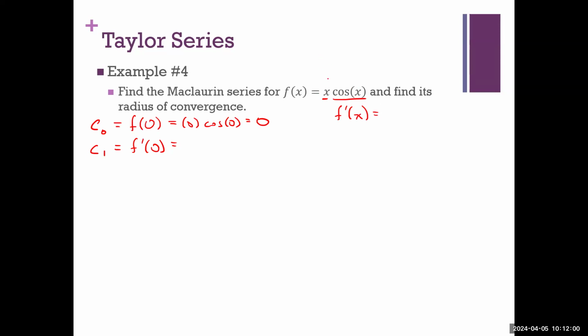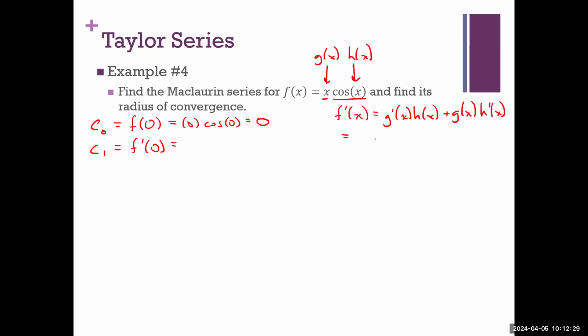Let's call these things g and h, since we're already calling the whole thing f. So how does the product rule work in general? h of x times g prime of x, g prime h plus g h prime.